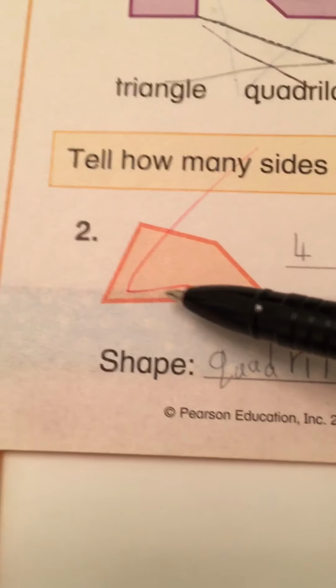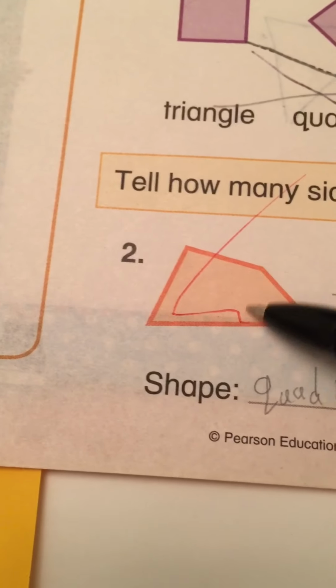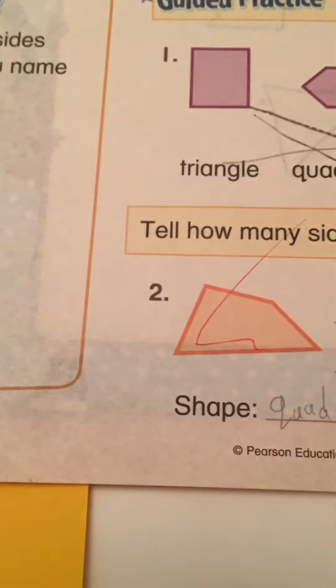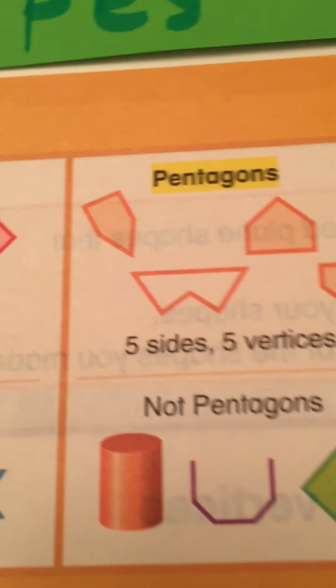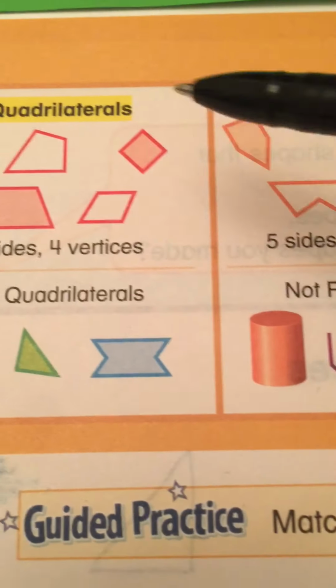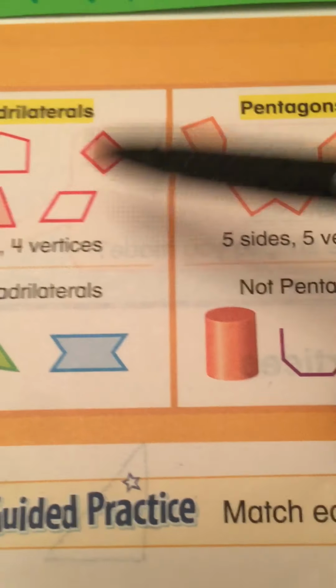So here, if you look at this one, how many sides? 4 sides. And how many vertices? 1, 2, 3, 4 vertices. And when the shape has 4 vertices and 4 sides, then we call it a quadrilateral.